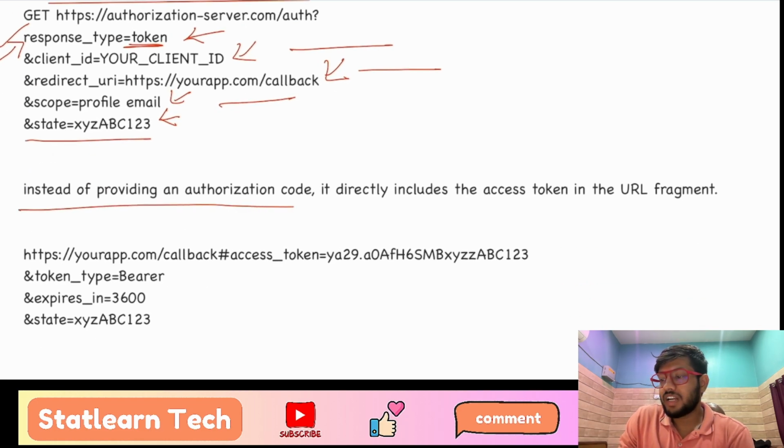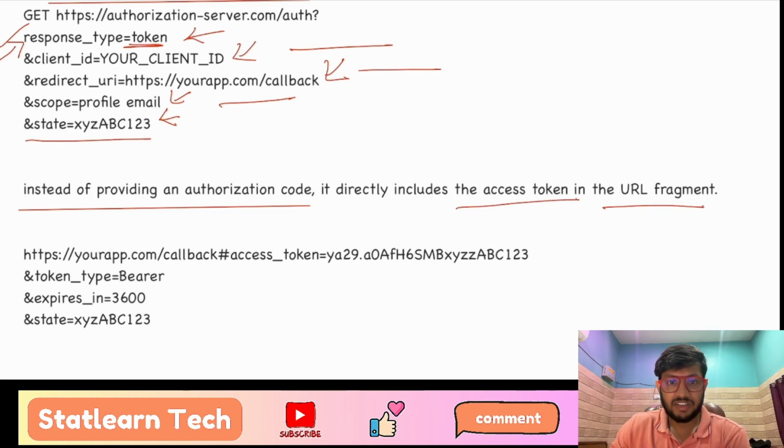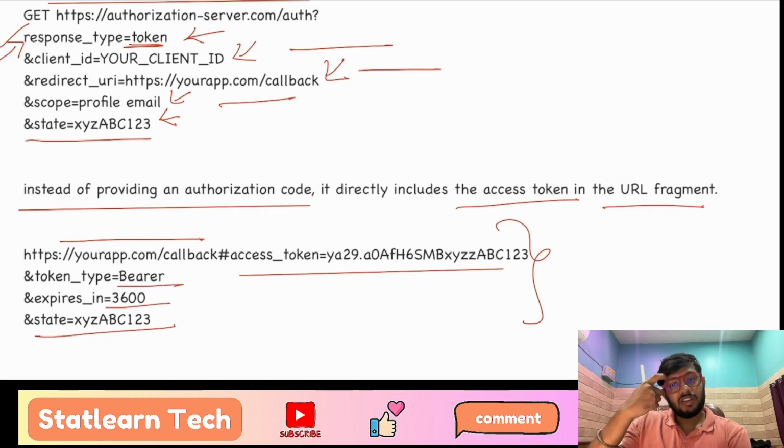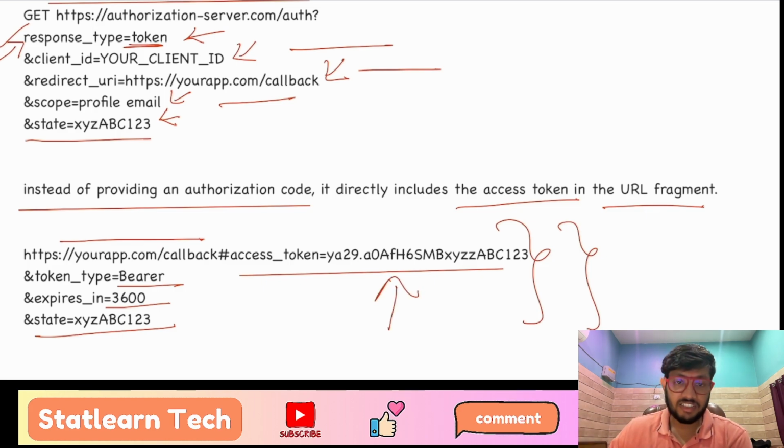Instead of providing an authorization code, it will directly include the access token in the URL fragment. So the response from the authorization server will go to your callback URL or redirect URL, with the access token directly. It is of type bearer, expires in 1 hour, and it has a state. Well, you can think that, hey, this is very straightforward, but again, this is not that secure because this response can be intercepted by a browser and they can take your token and access your data.